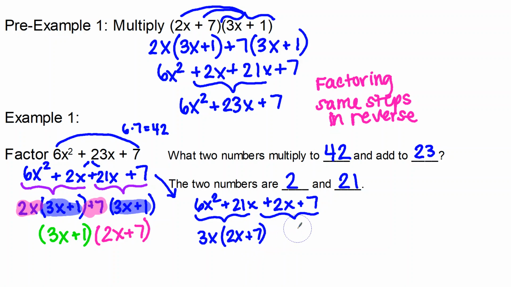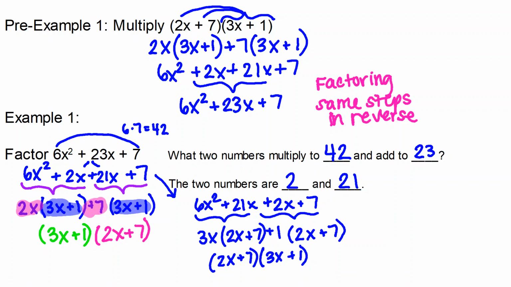That has to be the same as this one over here, which means the missing piece to put here so that it equals 2x plus 7 would be plus 1. So the part that repeats is one of my factors. The stuff that's on the outside, the GCFs that were pulled out, is my other factor.